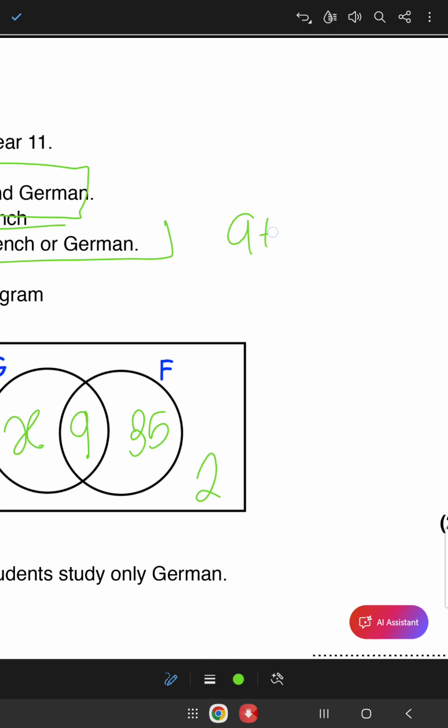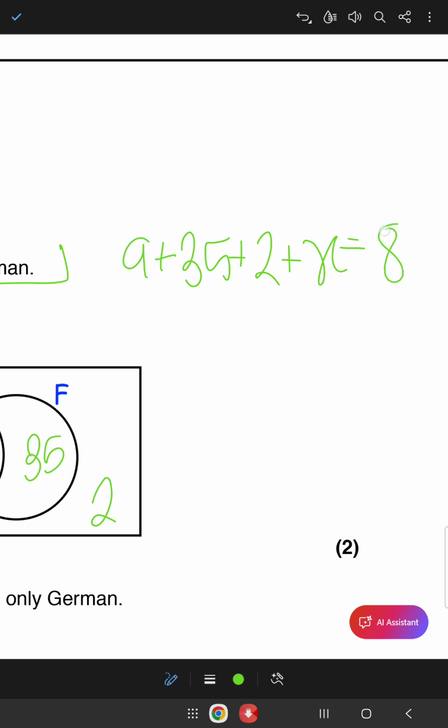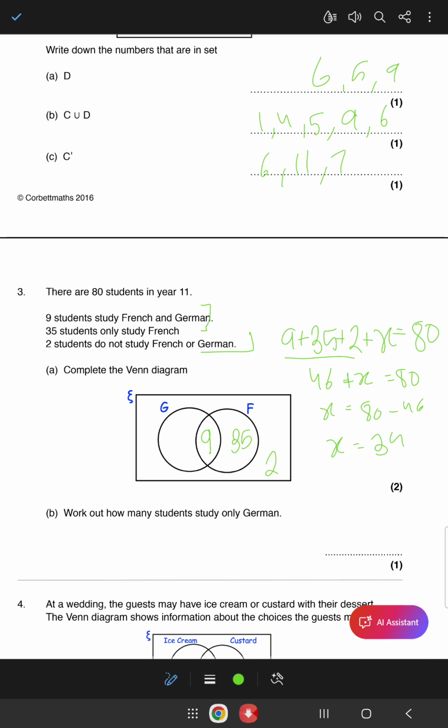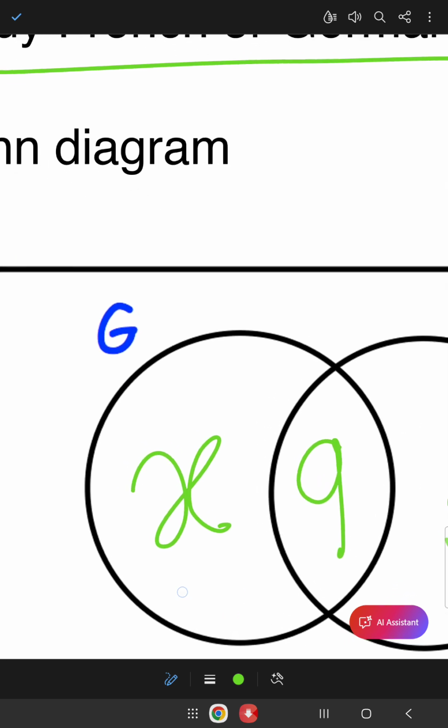So 9 plus 35 plus 2 plus X equals 80. So we just add these up together, which is 46 plus X, and then we do X equals 80 minus 46, X equals 34. So the number of Germans, so X basically is 34.